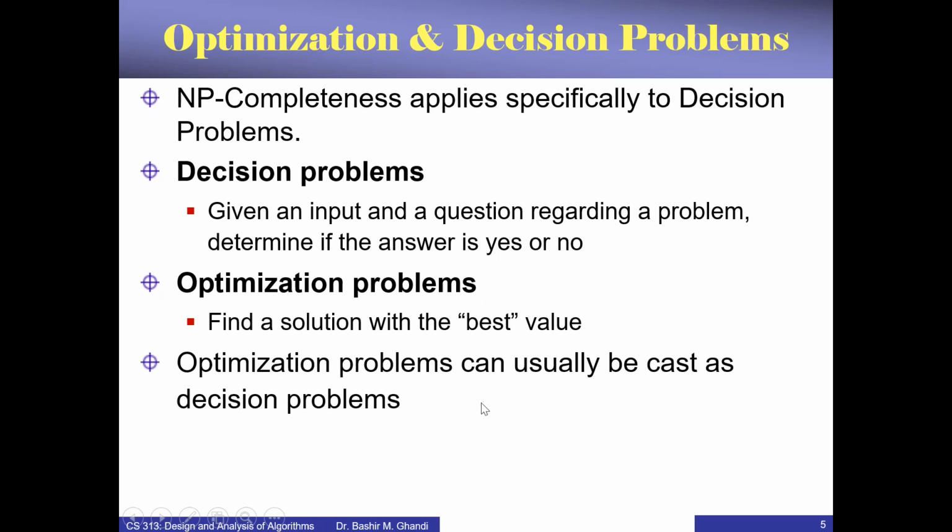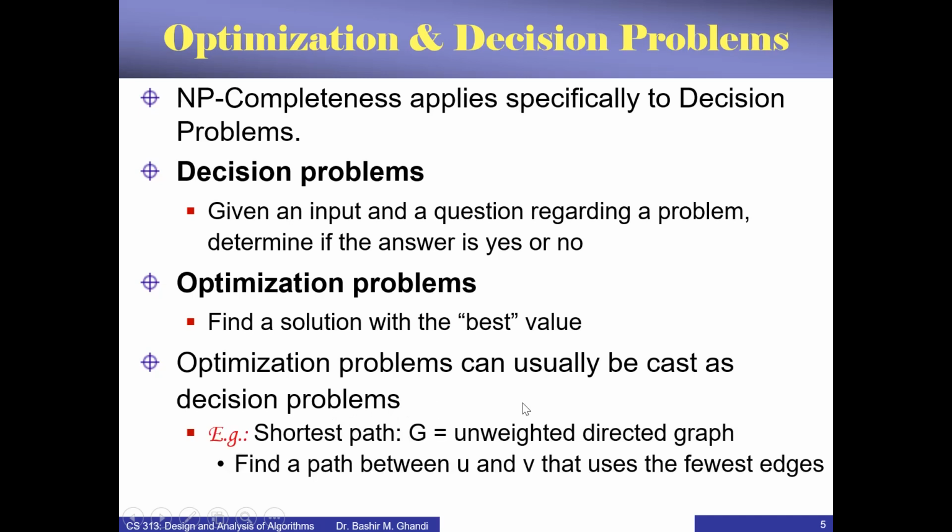However, optimization problems can usually be cast as decision problems. To give you an example, the shortest path problem for a graph G, which is unweighted and directed, could be: find a path from U to V that uses the fewest edges.